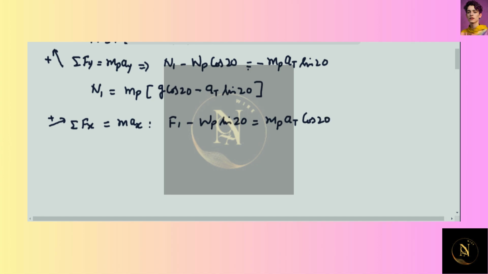So from here you may write F1 to be mass of ply into g sine 20 plus acceleration of truck into cos 20.